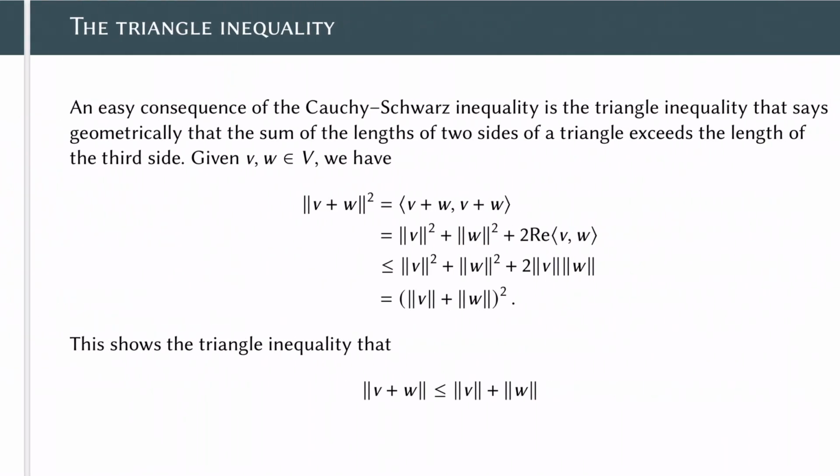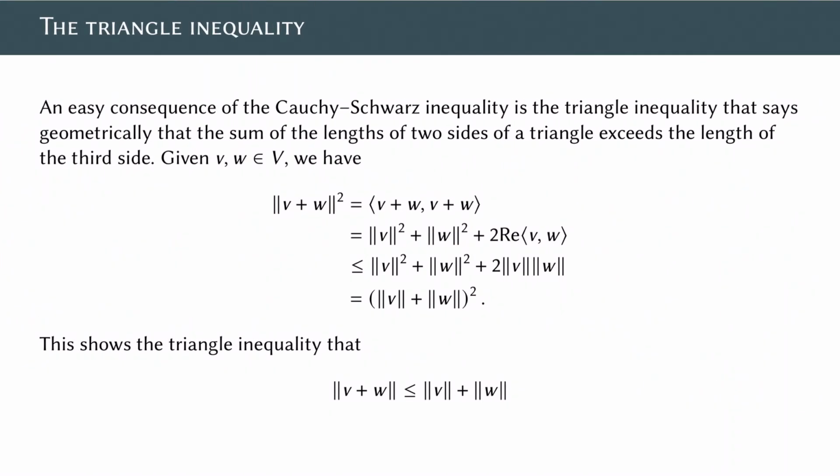The Cauchy-Schwarz inequality immediately gives us the triangle inequality. This triangle inequality is modeled on the geometric fact that the sum of two sides of a triangle exceeds the third side. So what it says is, given vectors v and w in V, where V is Rn or Cn with some inner product, norm of v plus w squared is nothing but the inner product of v plus w with itself.